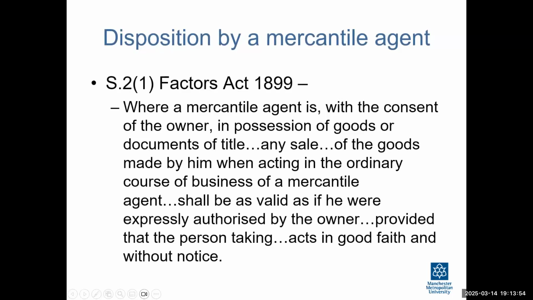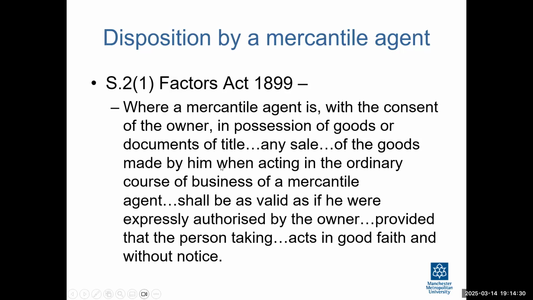So the next exception there is disposition by a mercantile agent, someone that is in the business of selling things of this nature. The key words here are: when the mercantile agent in possession of the goods is acting in the ordinary course of business, that sale will be valid as if there was express authority.